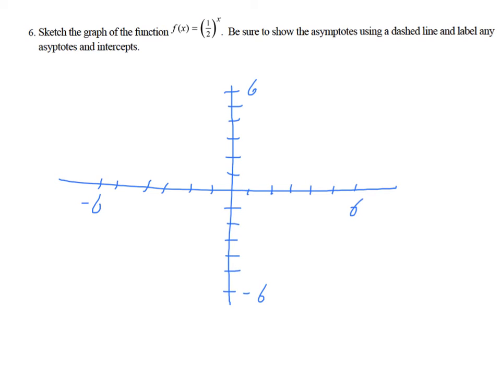All right, so let's go ahead and just graph this function. So I know that this function is not going to be translated right or left or up or down. It's going to cross at this point 0, 1, so let's go ahead and label that. I know that it's going to have an asymptote right on the x-axis, so I'm going to put my dashed line asymptote running right there.